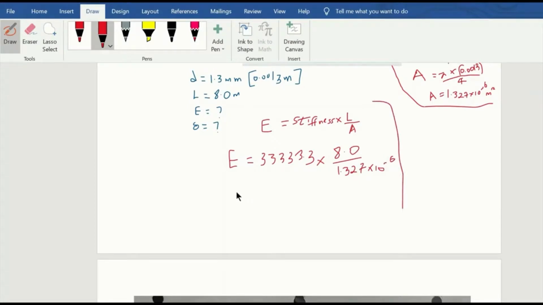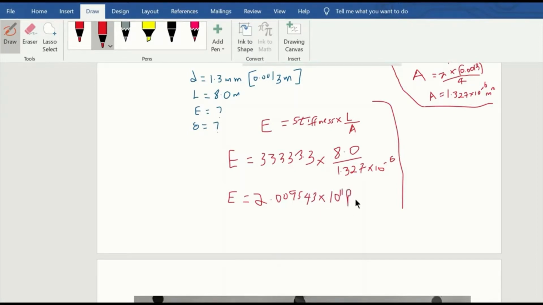So we can put that in our calculator. 333.3 times 8.0 divided by 1.327 times 10 to the minus 6. That gives us 2.009543 times 10 to the 11 Pascal.